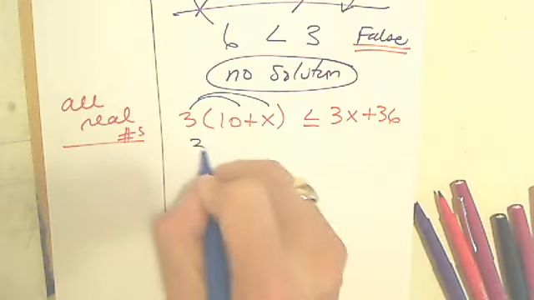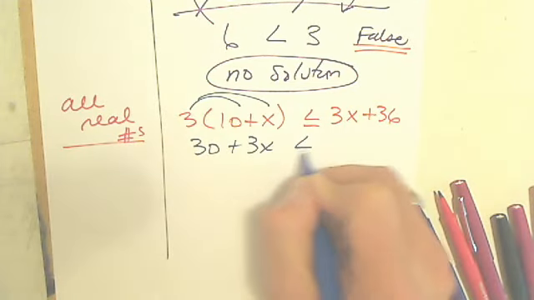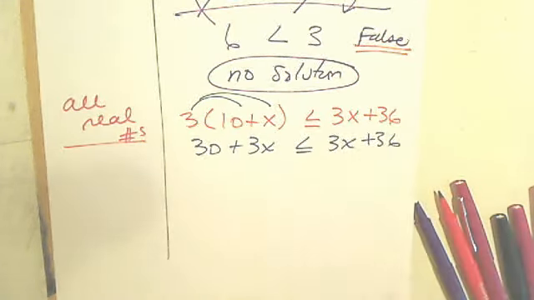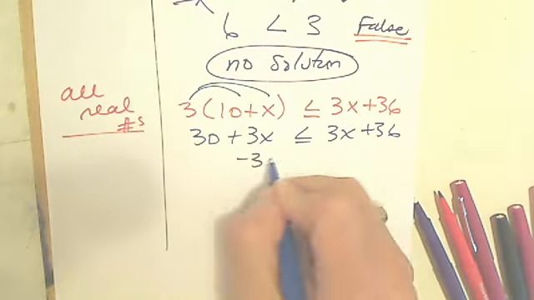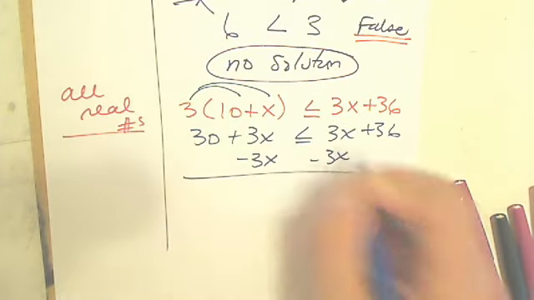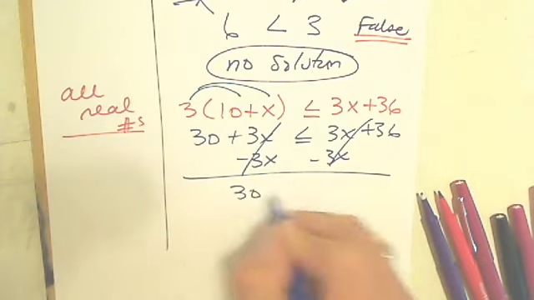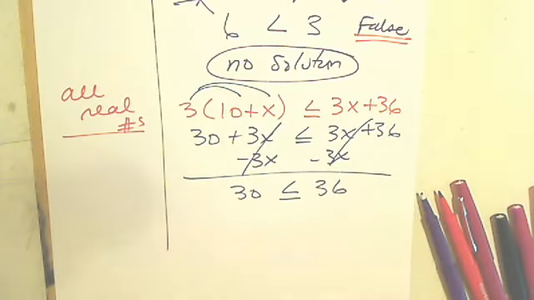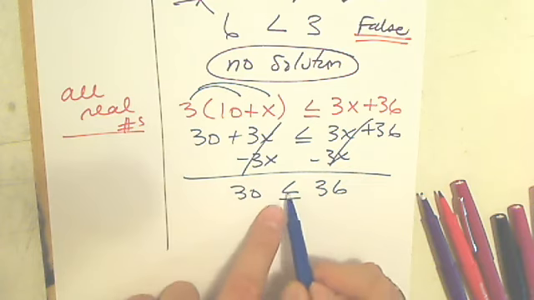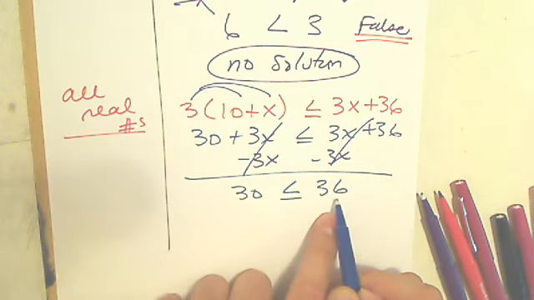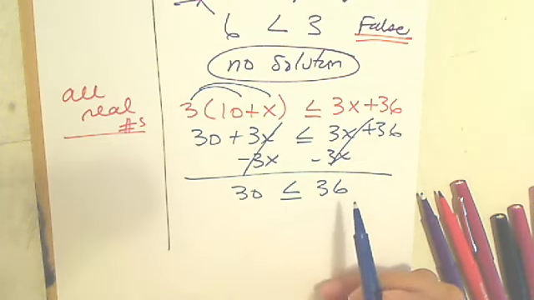So we know that this is 30 plus 3x is less than 3x plus 36, right? So if I subtract 3x on both sides of the sign, all I have left is 30 is less than 36. Is 30 less than or equal to 36? Yeah. That's true. 30 is less than 36, or equal.